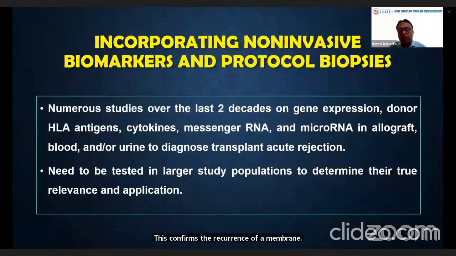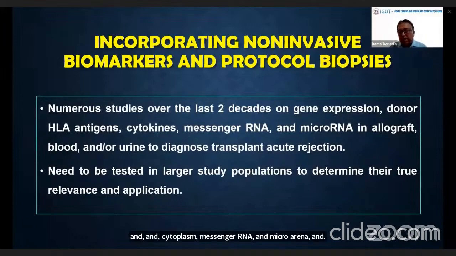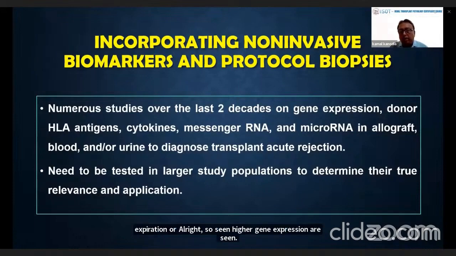Now, coming to the incorporation of non-invasive biomarkers and protocol biopsies. Numerous studies over the last 2 decades have looked at gene expression, donor HLA antigens, cytokines, messenger RNA, and microRNA in allograft, blood, and or urine to diagnose acute rejection. Even in antibody-mediated rejection, higher gene expression is seen, which strongly favors the diagnosis.